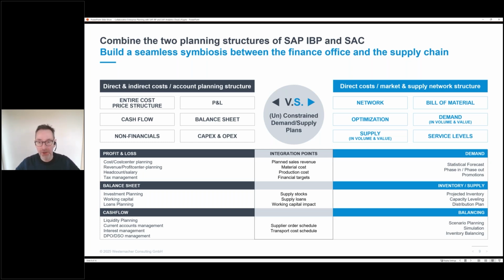These two areas are not separate. We might be looking on the one hand at volume, and on the other hand purely at quantities, but these are integration points, and this is what I'm trying to show you here in the middle. So for example, if we're talking about demand in the supply chain world, this is actually potential revenue in the financial world.